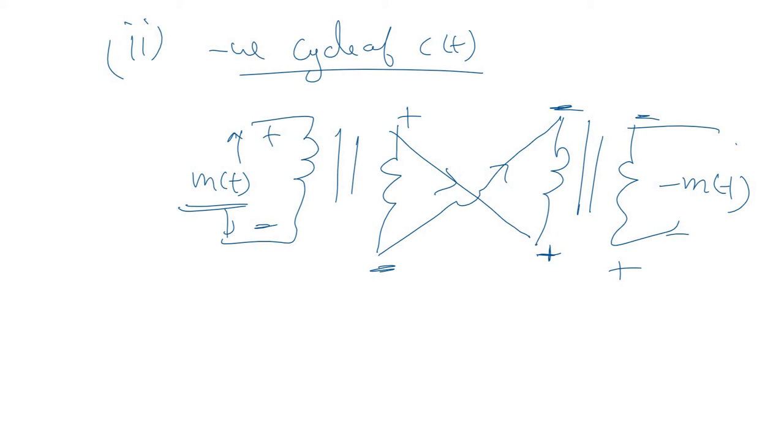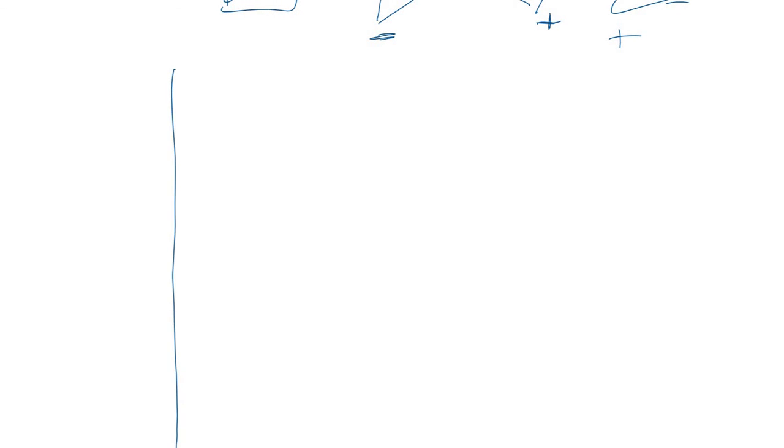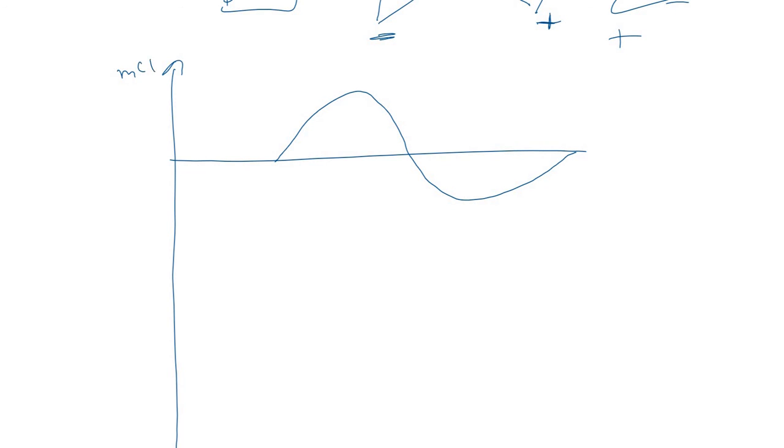Now let us analyze all these cases graphically. That will give you a much better idea about the generation of DSB-SC type of signal using a ring modulator. Let us assume that we have the message signal as this, m(t), with amplitude A_m.